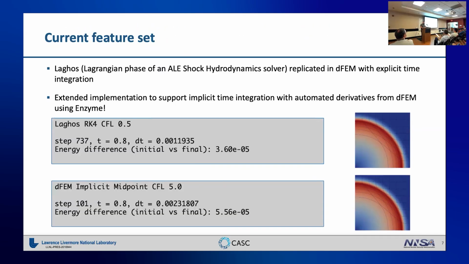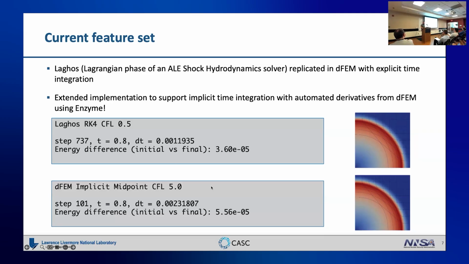Oh, I didn't talk about the implicit explicit difference. So you see that in the explicit case, this is an RK format where CFL is limited to 0.5, which is very typical. You see the solver, it's adaptive. It chose to take 737 steps to reach the final time.